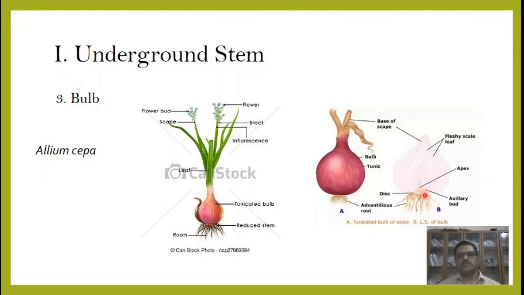These stems also are characterized by the occurrence of fleshy scale leaves, as can be seen in onion. The part which is used for edible purposes are the fleshy scale leaves, which store glucose and reserve food. Below the stem, we find adventitious roots, which are responsible for attachment of this modified stem to the soil.